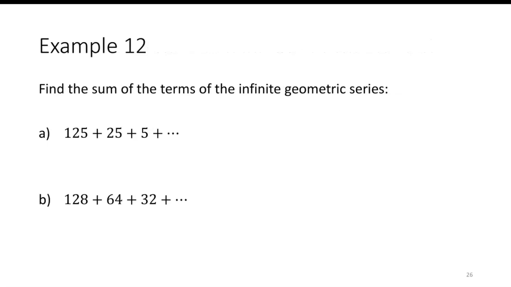So for part A, I see 125, 25, 5. My a sub 1 is 125, and my r is going to be, I take one term divided by the previous. If I simplify, that simplifies to be 1/5. So the sum of this infinite sequence would be 125 divided by 1 minus 1/5.